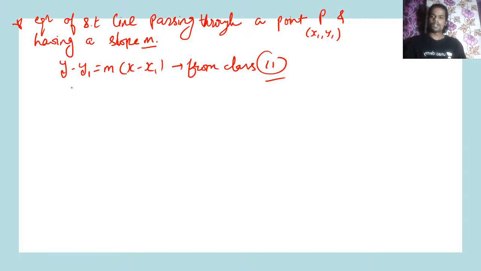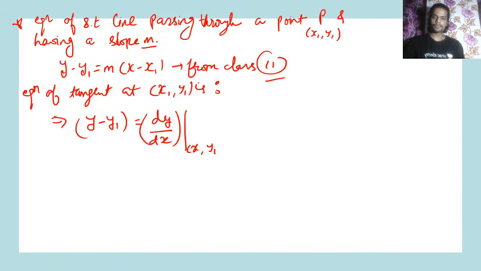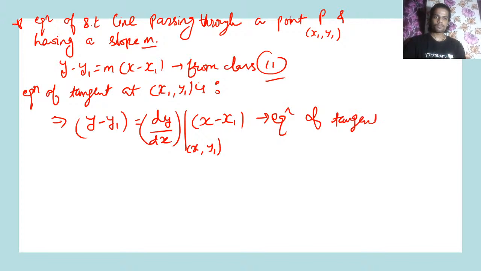Okay, so equation of tangent, what is the slope? Slope is dy by dx evaluated at x1 y1, and x minus x1 is same. This is equation of tangent. Remember this. Try to note it down.